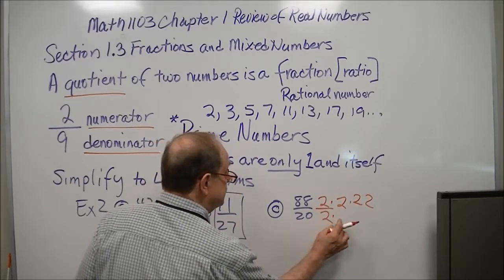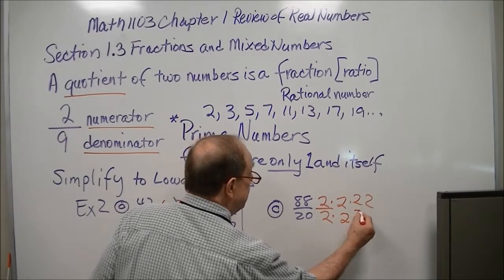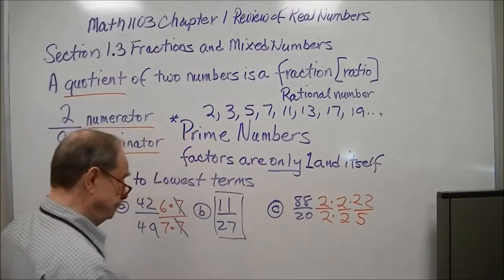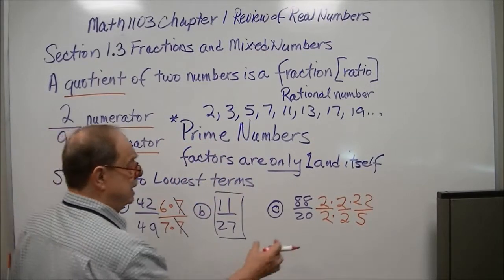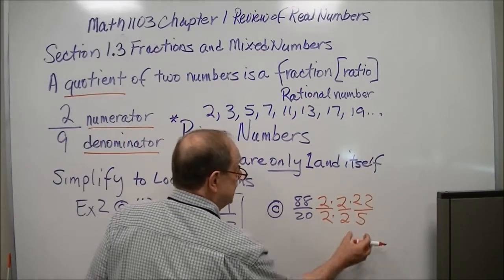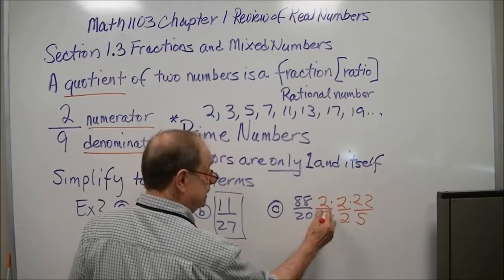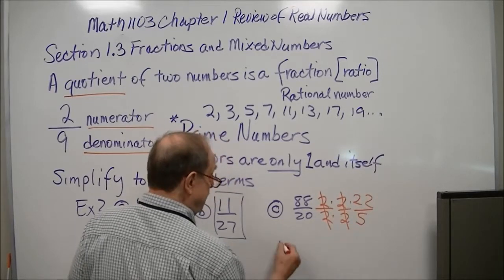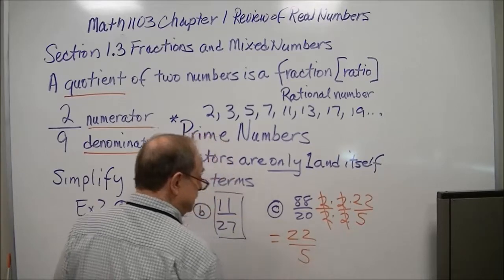And then I can take a 2 out of the 10, and I get 2 and a 5. So I know I could take another 2 out of here, but there's no more 2's down below to take out. So keep in mind, this is a 1, this is a 1, and I'm left then with 22 fifths.